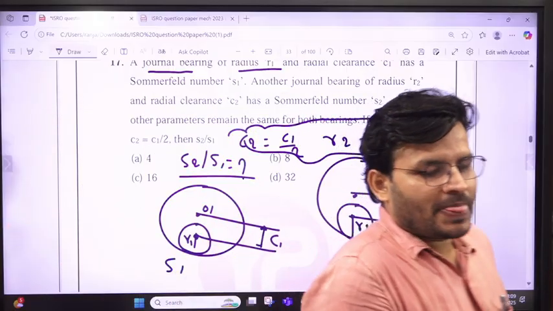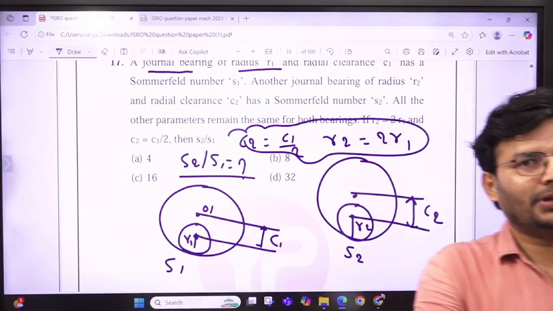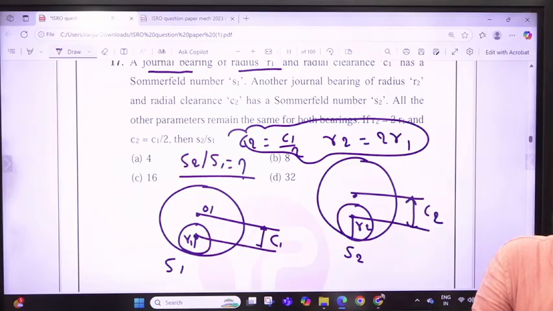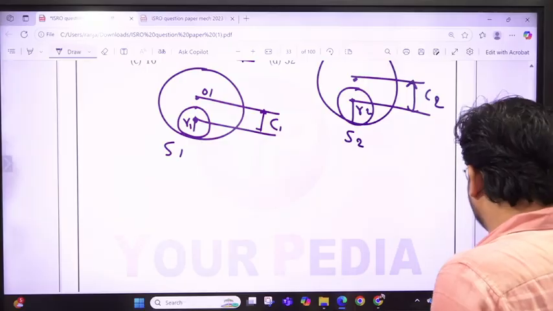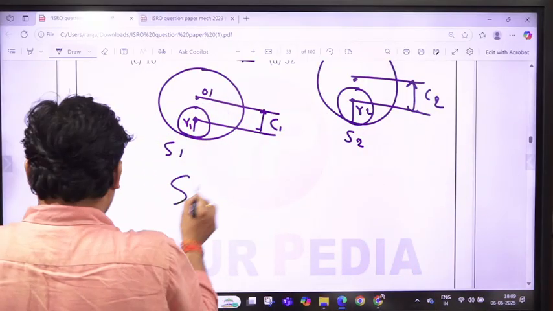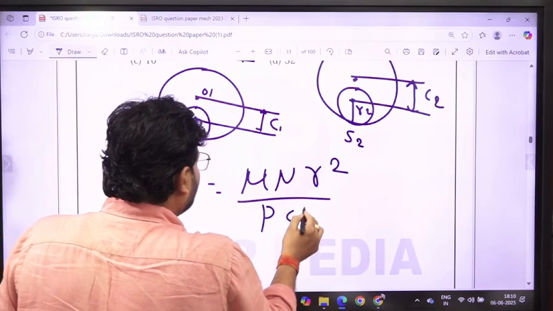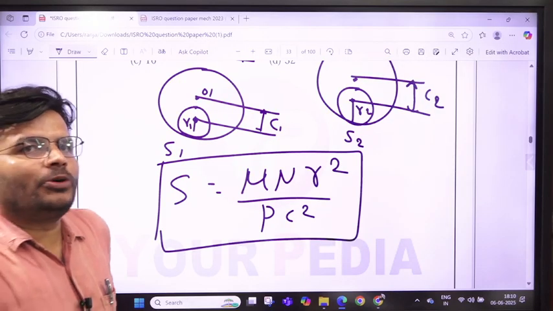Now start thinking. First of all, you have to understand what the Sommerfeld number is. If you don't know the Sommerfeld number, you cannot take even a single step. So the Sommerfeld number is given by S equal to mu N r square upon P c square.